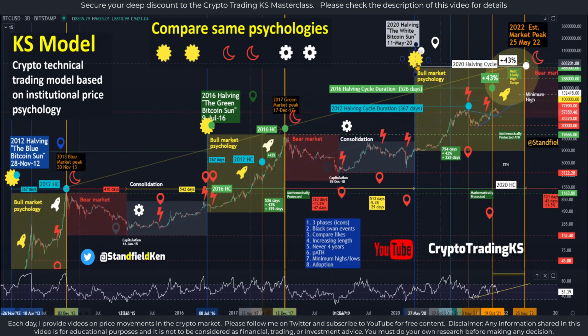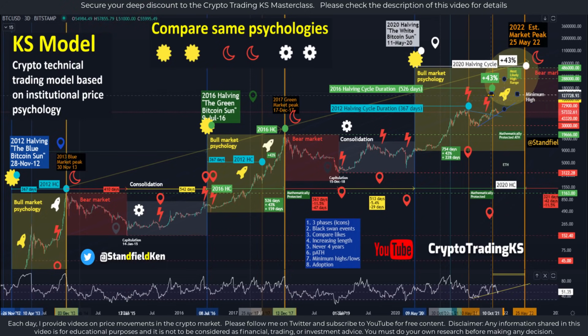The bull market sunshine is always compared to the bull market sunshine of previous cycles. So when you look at a particular graph, such as Bitcoin, we have the 2012 halving cycle between the three phases, the 2016 halving cycle between the three phases, and the 2020 cycle, and it will be between the three phases.